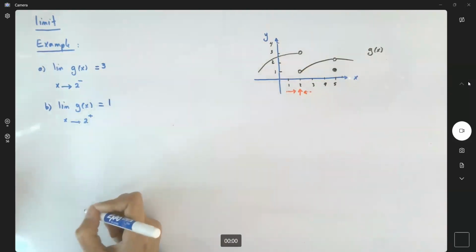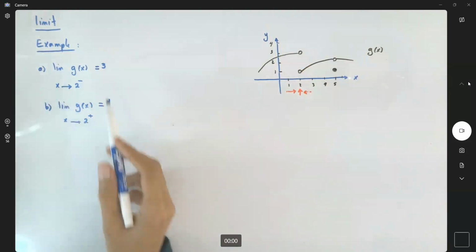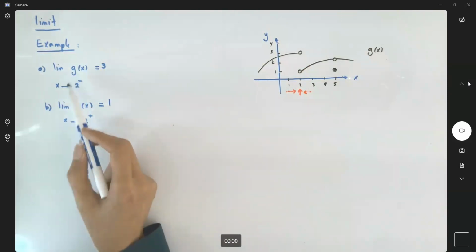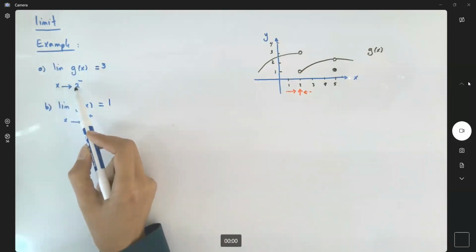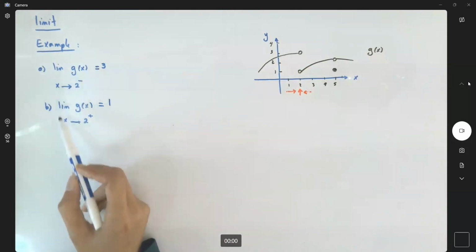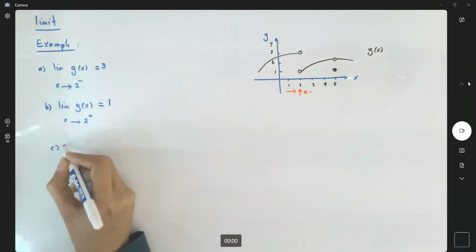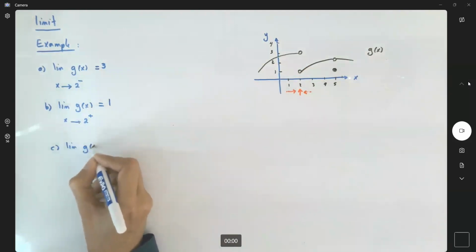Very good. So the other question that you should be asking is, well, I have the limit of the function when x approaches 2 from the left and x approaches 2 from the right. Then what is the limit of the function at 2?